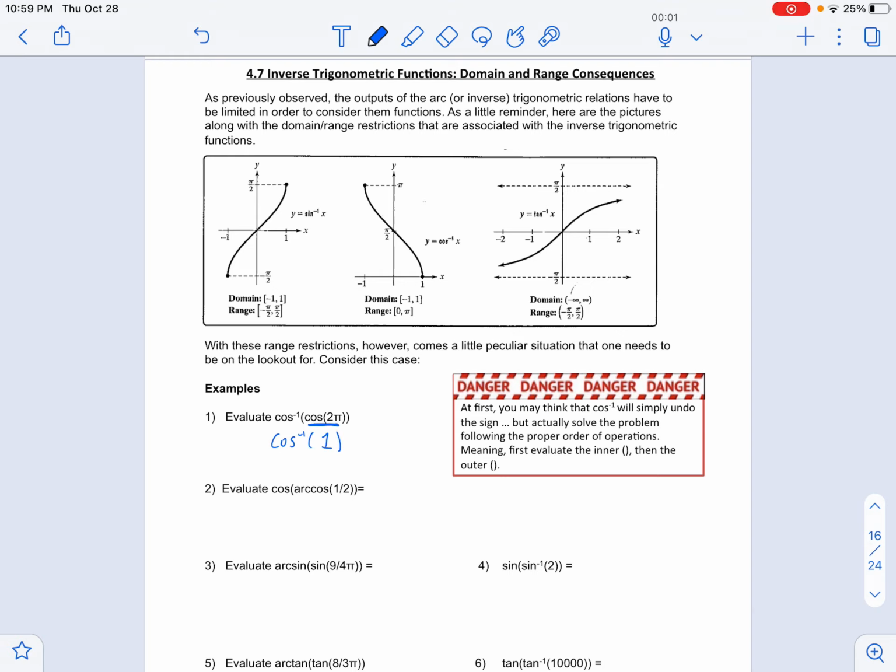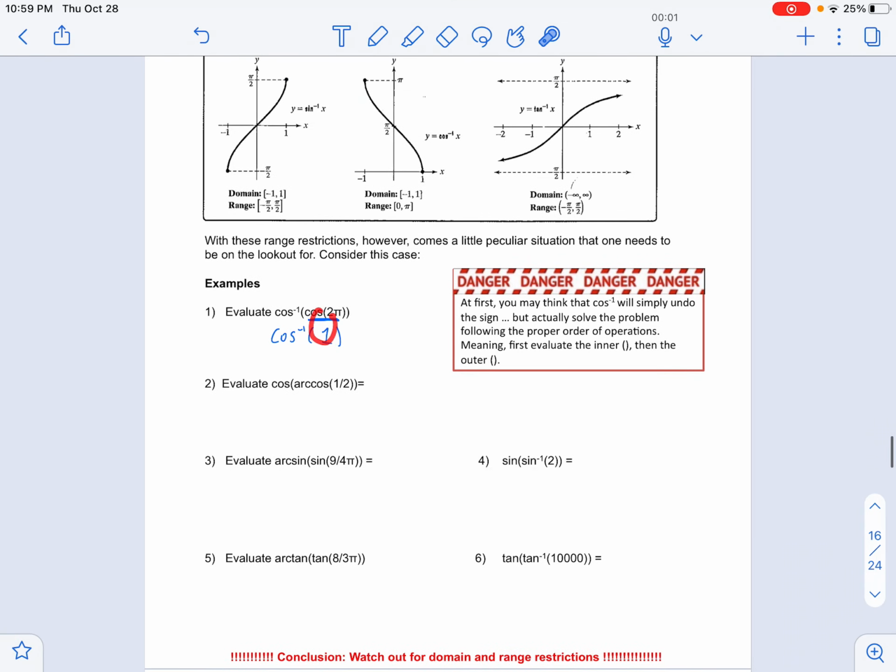I mean, that's a 1 right there. Now, the next question is, so I've evaluated this, and this is what I have. So now ask yourself, what is arc cosine of 1? We go to our cosine graph and we say, well, at 1, like right here, if I plug in 1, I'm going to get an output of 0. This equals 0. So you say, wait a second. How is this 0?